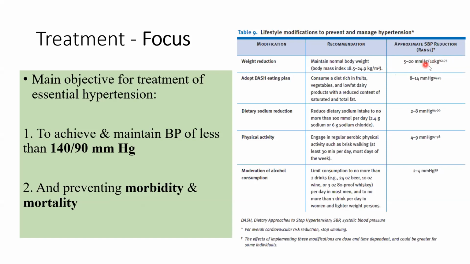This is a very interesting statistic, especially for people who are above their normal weight, their normal BMI, and they suffer from some sort of hypertension. Weight reduction in itself, look at the stat. This is motivation enough to go for hitting that treadmill or going to the park.